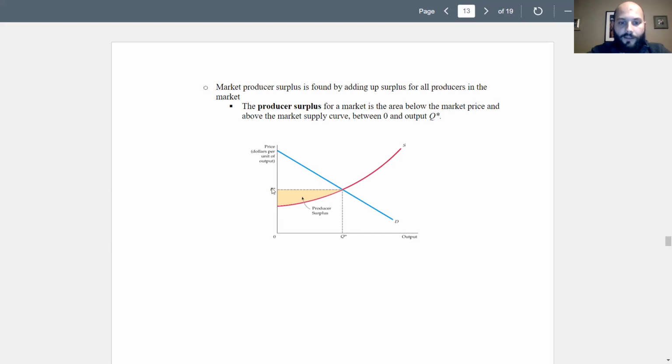You've got a price, you need a supply equation in slope-intercept form, which we just related to marginal cost on how to derive supply. Once you have the intercept, right, you can do price minus your intercept times quantity, over two, and get producer surplus. So hopefully that's a familiar topic.